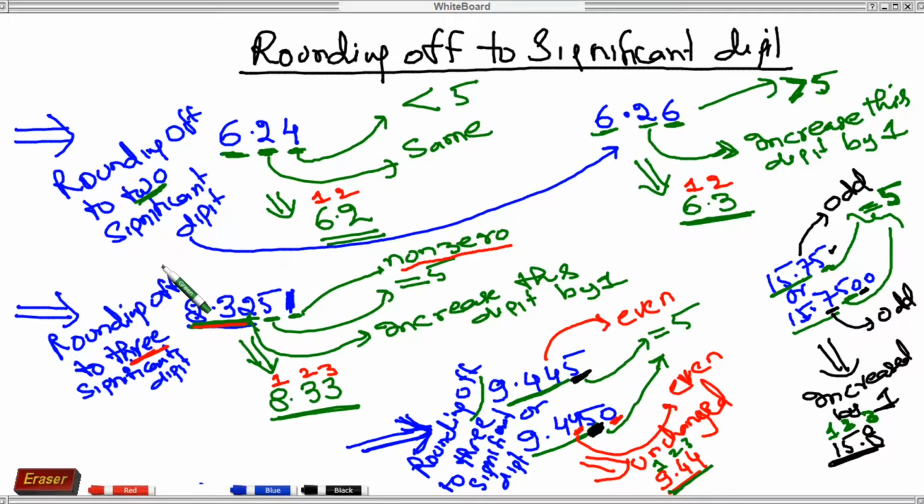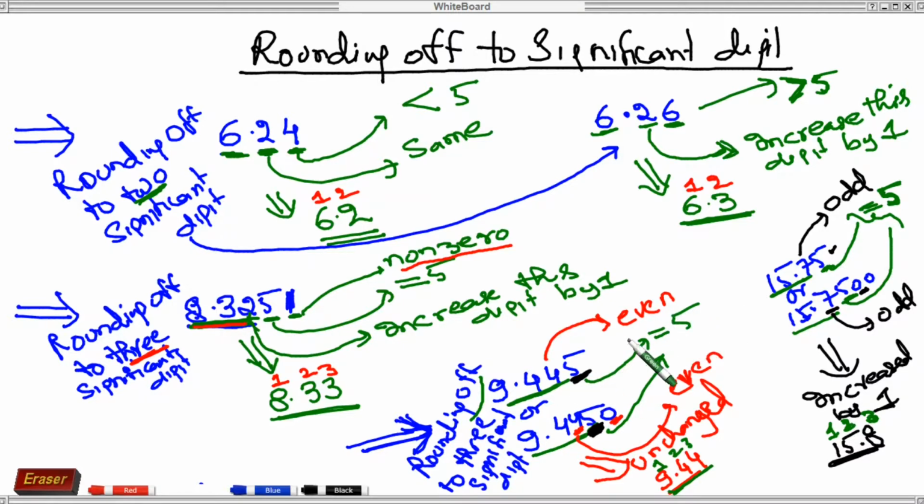So you can see here we have three types of rules. One is the case when it is less than 5 or greater than 5. Second is the case when it is equal to 5 followed by a non-zero digit. And third is the case when 5 is followed by either nothing or by 0.